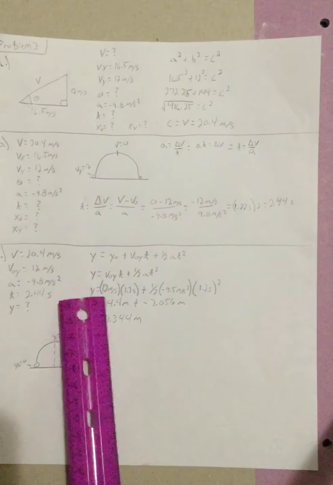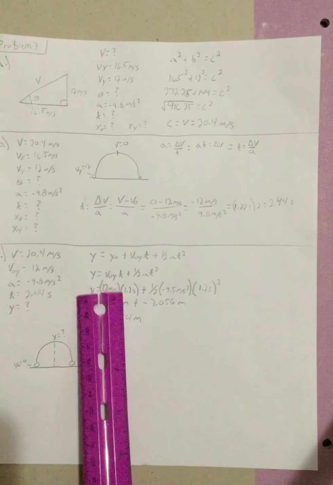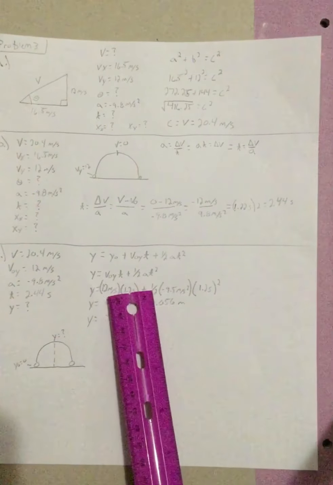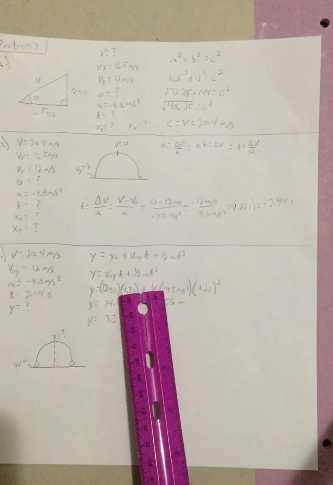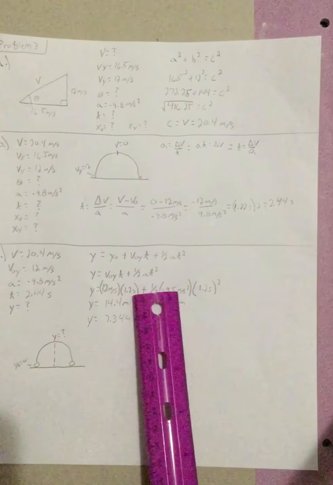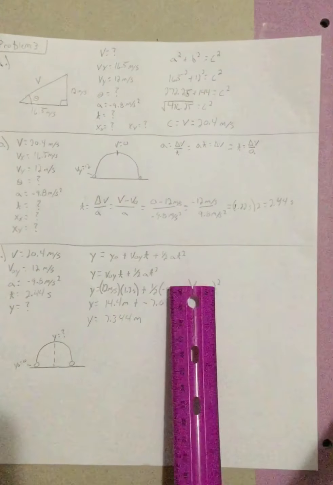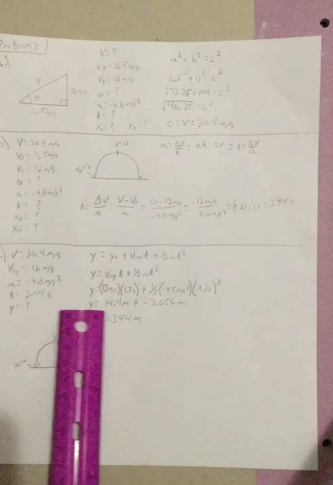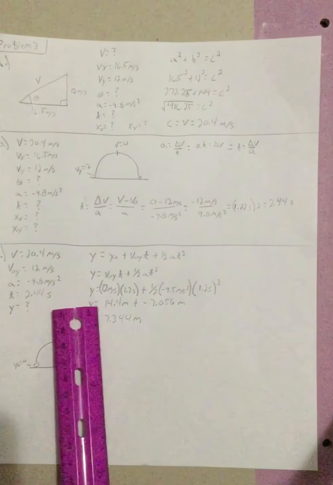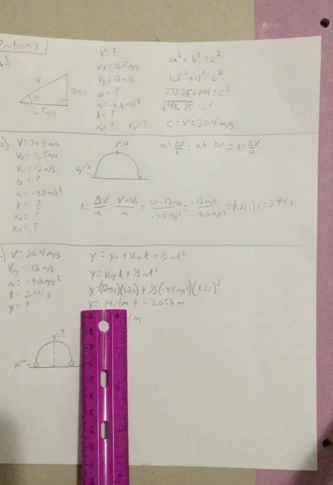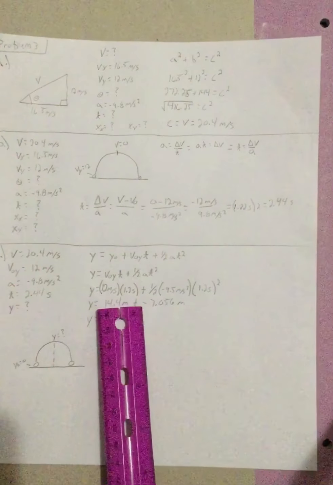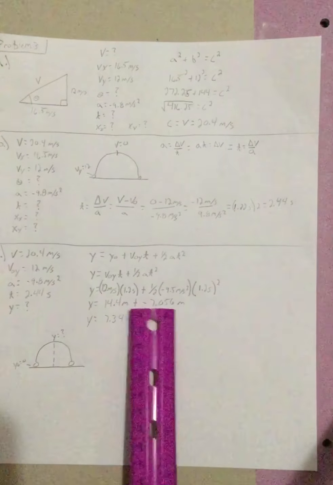We'll have 12 meters per second times 1.22 seconds plus 1/2 times negative 9.8 meters per second squared times 1.22 seconds squared. And then that brings us to where we had 14.4 meters plus negative 7.056 meters.